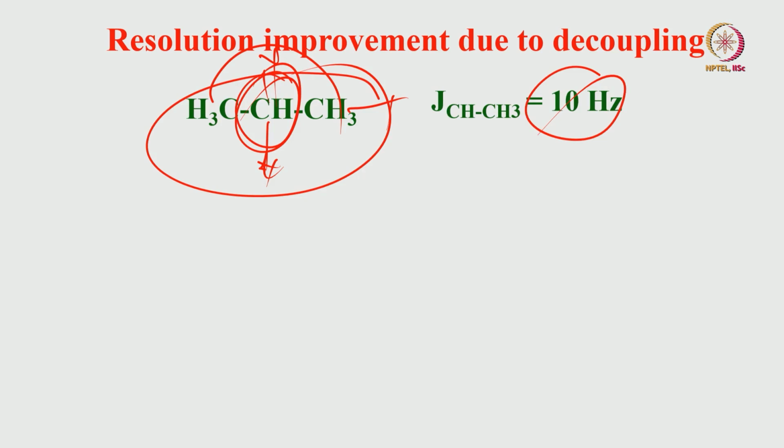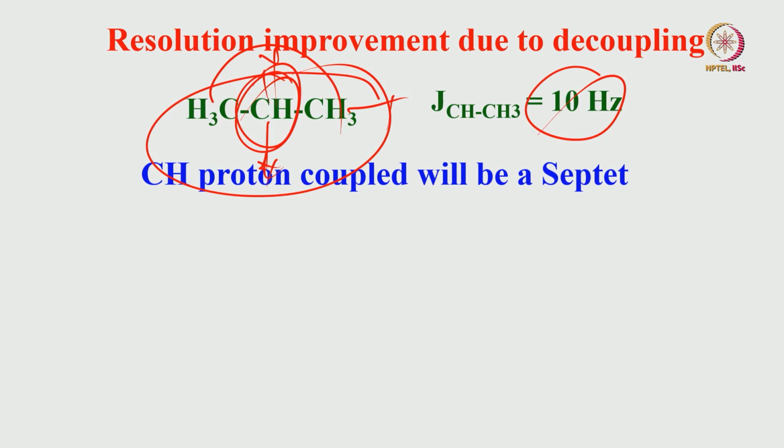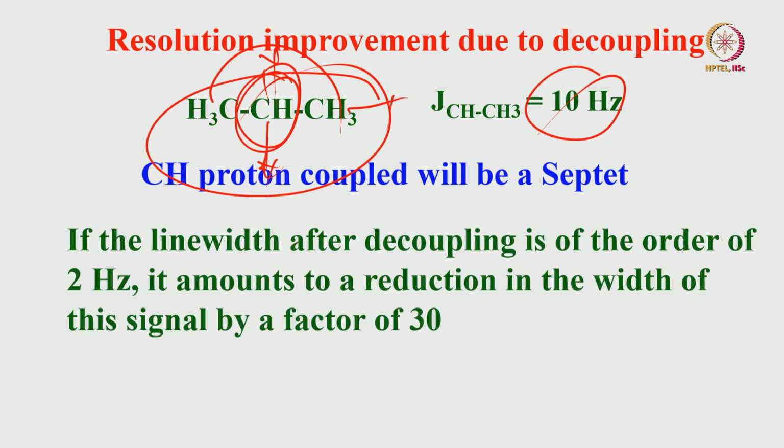A septet is a 7-line pattern. Each line is separated by 10 hertz. So what is the width? From one end of the multiplet to the other end, it is going to be about 70 hertz. Assume that after decoupling, the natural line width is 2 hertz.